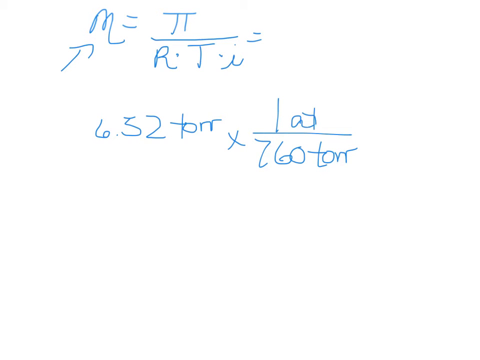Torr is the same thing as millimeters of mercury. And so in atmosphere, our osmotic pressure is 0.00858 atmosphere.